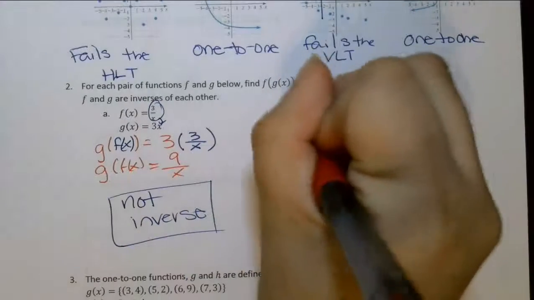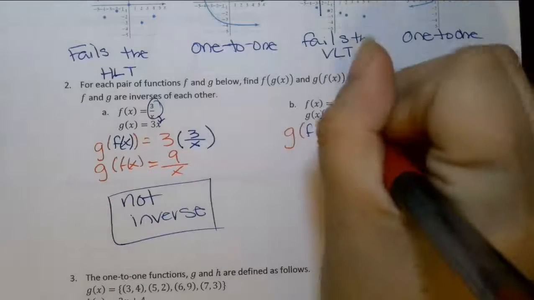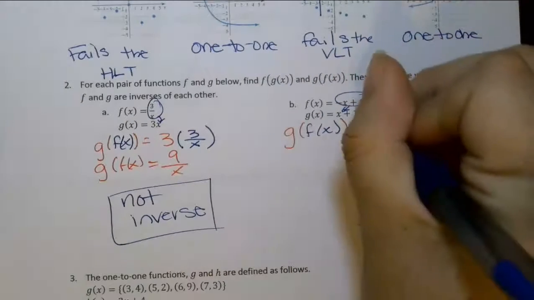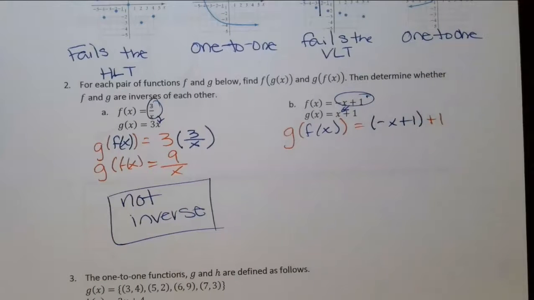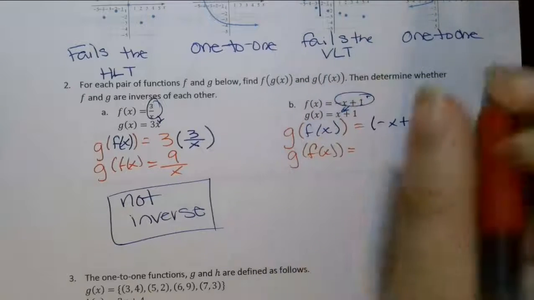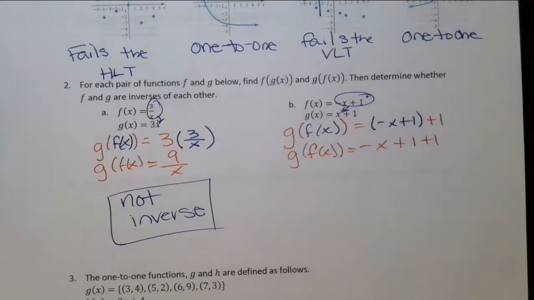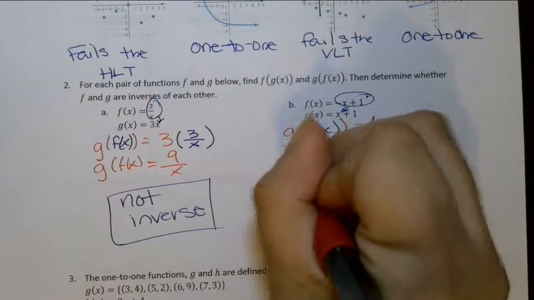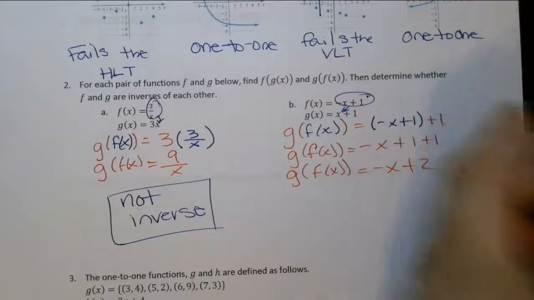So I have g of f of x, okay, and I have g of f of x equals negative x plus 1 plus 1, which gives me g of f of x equals negative x plus 2.